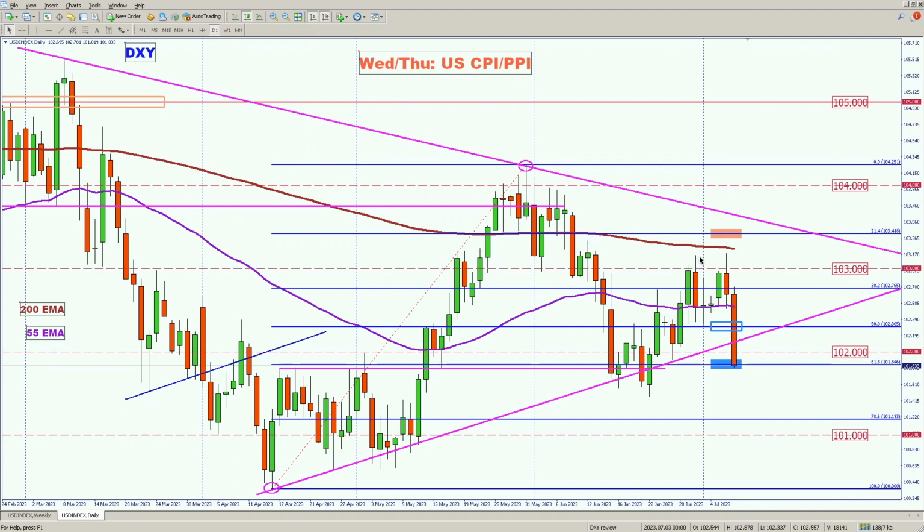And after failing to break out higher above the highs of the previous week and could not test the daily 200 EMA, so still constrained under the 103 level. And now it's coming up to the critical support zone.